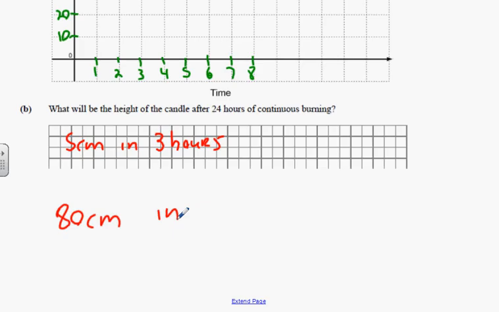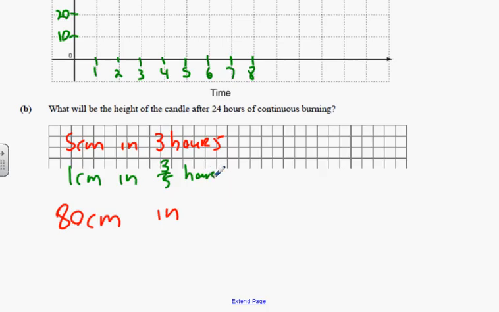Alright, let me do this properly. Alright guys, do what I always do. Find out what 1 centimeter is. So to find out what 1 centimeter is, you divide both sides by 5 surely, yeah? You're turning 5 centimeters into 1. So it'd be 3/5 of an hour.